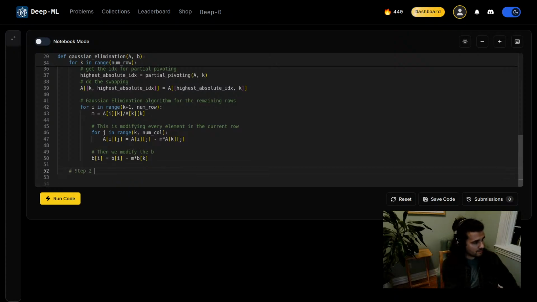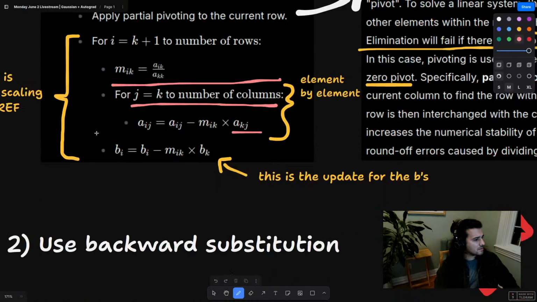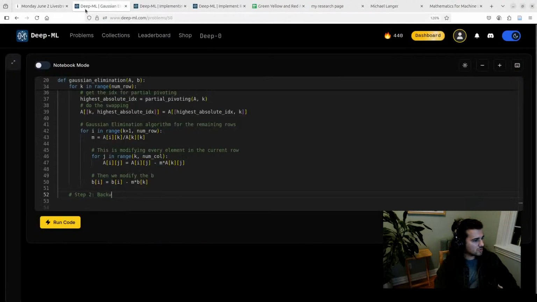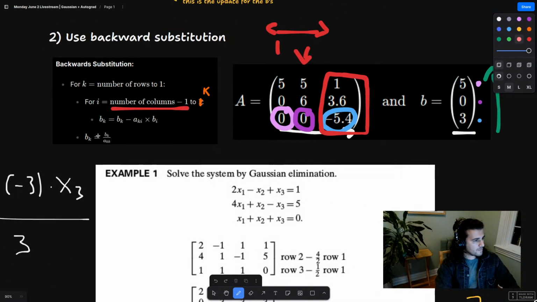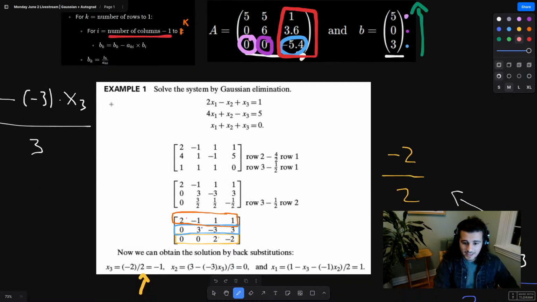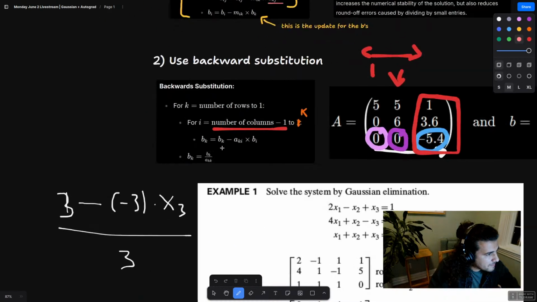Step 2 now is backward substitution. And that's the algorithm we're gonna try to wrangle with. My hunch is that I don't think I'm gonna get it right.